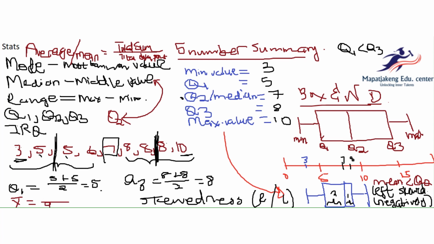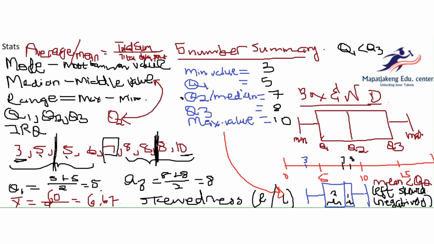Then let's count above. 3 plus 5 is 8. 8 plus 5 is 13. 13 plus 6 is 19. 19 plus 7 is 26. 26 plus 8 is 34, plus 8 is 42, plus 8 is 50, plus 10 is 60. Then this will be the average: 60 over 9 is your mean. Decimally, you can just press it on the calculator. It becomes 6.67.